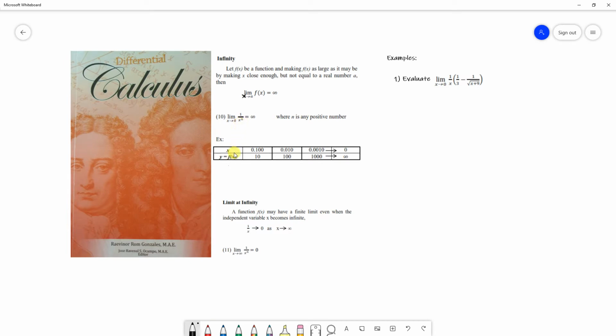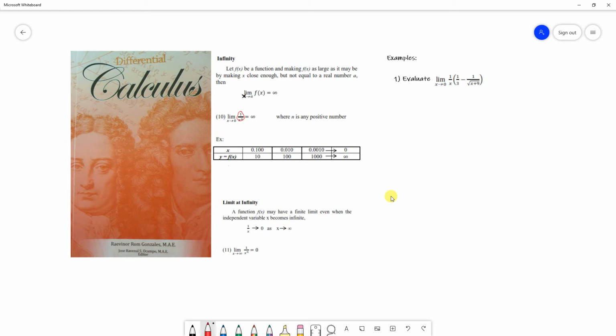Okay, based on the table that will explain kung bakit nagiging infinity ang sagot, if x or the base of the denominator approaches 0, from 0.1, 0.01, 0.001, and so on, until it reaches almost equals to 0. So, ang mangyayari, pag dinivide natin si 1 by 0.1, the answer will become 10.